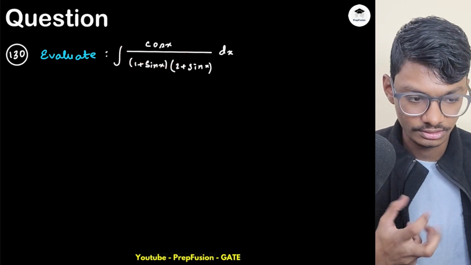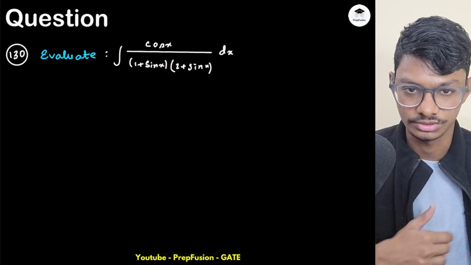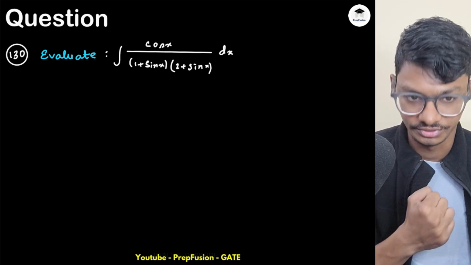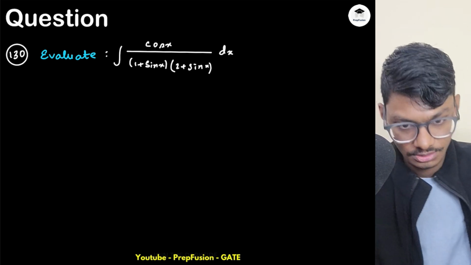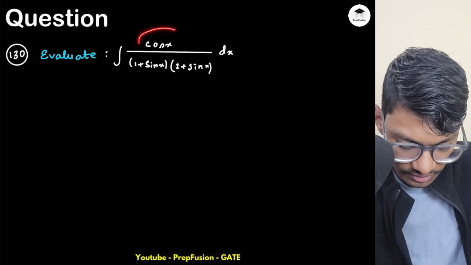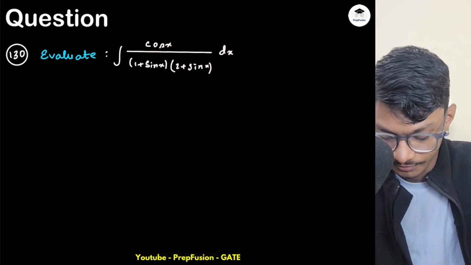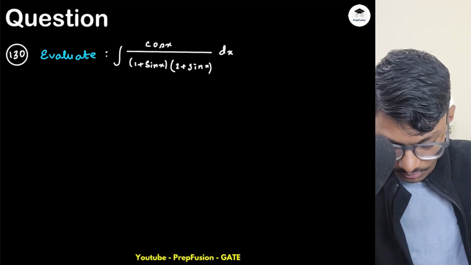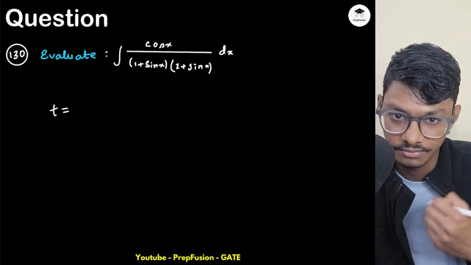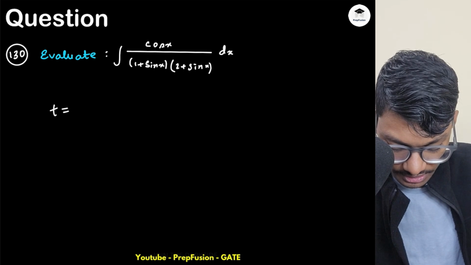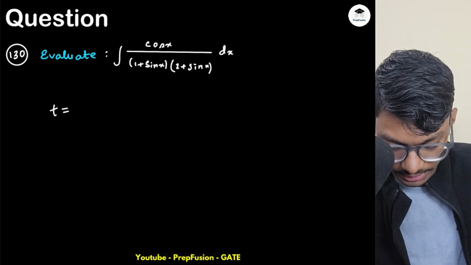Most of the indefinite integration questions will be a combination of two methods. Okay, so here first what you do, you observe that you have cos x dx, and in the denominator you have sin x. So what you can do, you can use the method of substitution, that you can replace t with sin x.